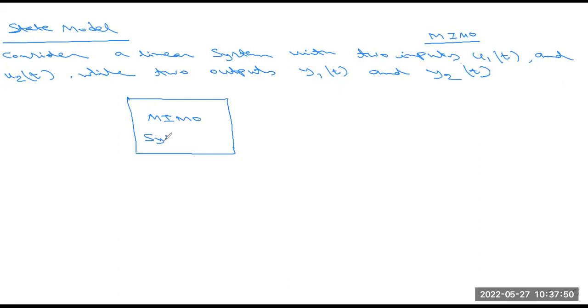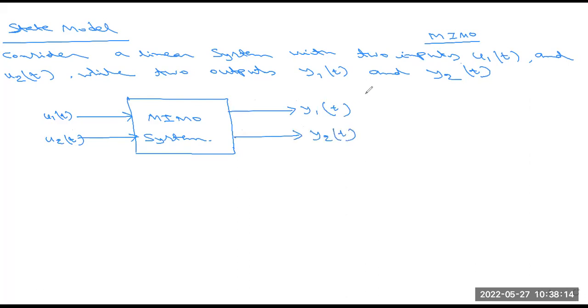This is the MIMO system, and here we give two inputs, u1(t) and u2(t), and the outputs are given here: the first is y1(t) and the other is y2(t). So these are basically the outputs, and these are basically the inputs.